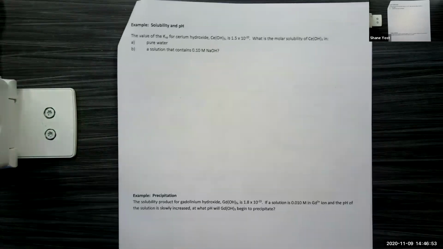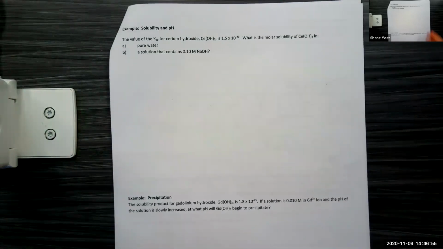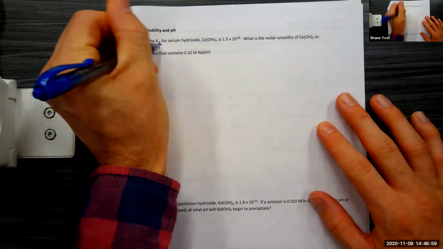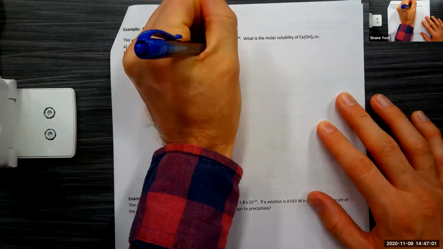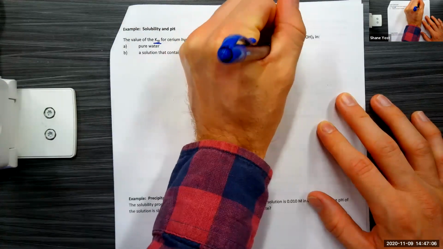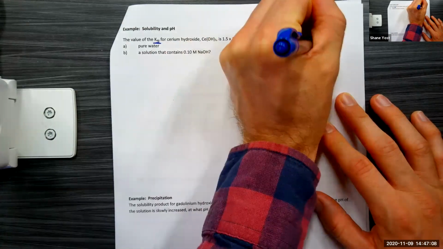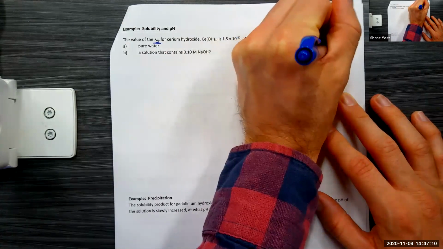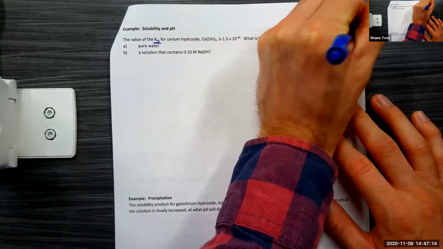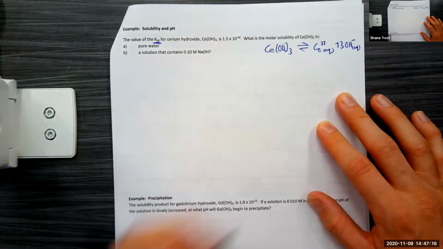For these Ksp problems, we need to think about our equilibrium reaction: Ce(OH)3 solid going to Ce3+ aqueous plus 3 OH- aqueous ions.